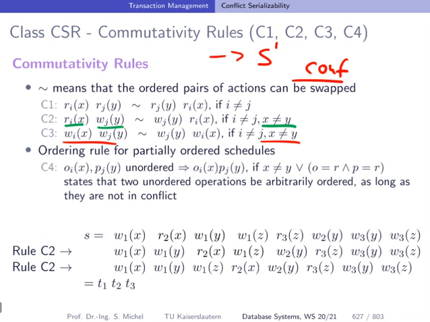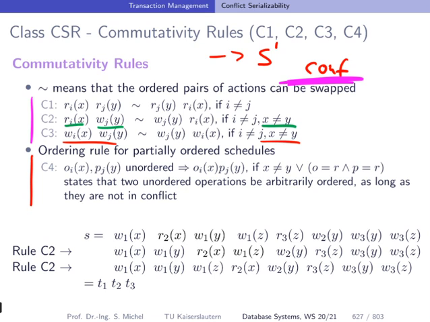So this means that applying these rules separately or sequences of these rules, they're preserving, of course, the operations within the schedules because we're not dropping any operation, and they're preserving the conf relation. And the idea in the end is that we have a schedule S, and by applying a sequence of these swaps, we end up with a serial schedule, and then we can say that the initial schedule is conflict serializable.